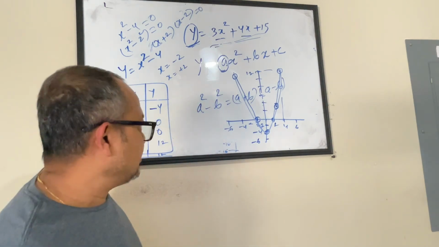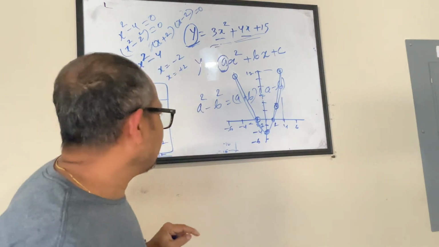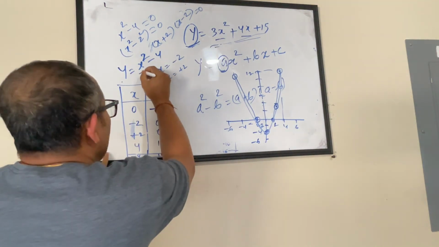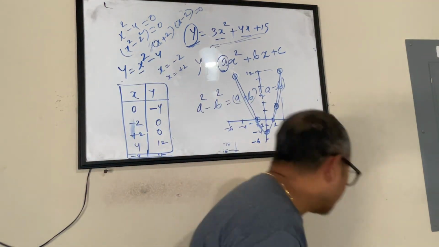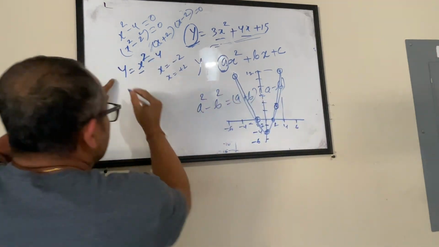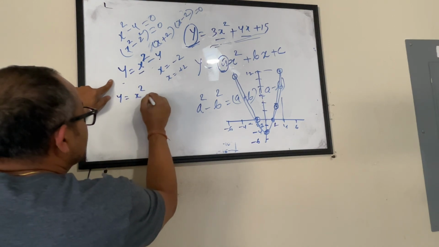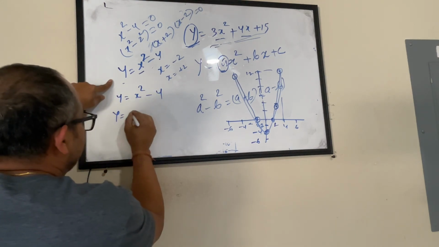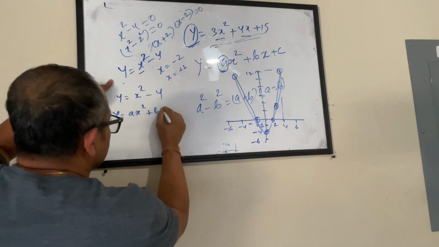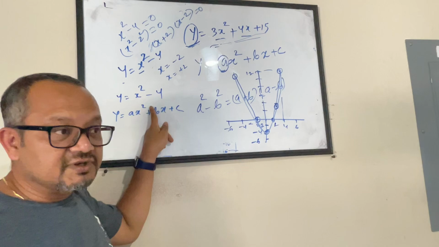Now, that was not the intent. I was trying to tell you about something else. Here, if you look at this parabola equation, y equals x squared minus 4, and you try relating that with the standard form, y equals ax squared plus bx plus c, what is the value of a that you see with this equation?